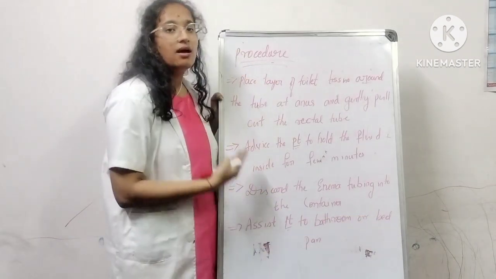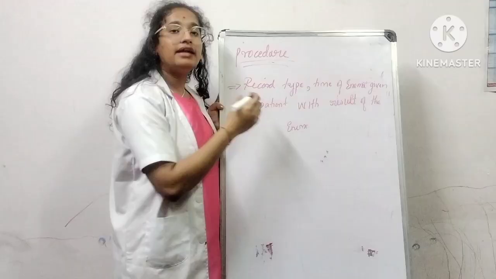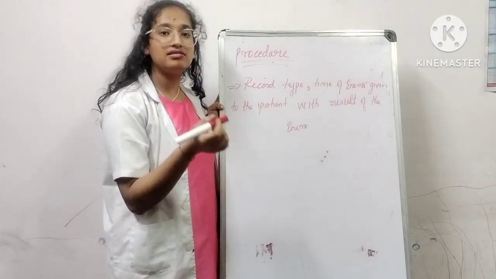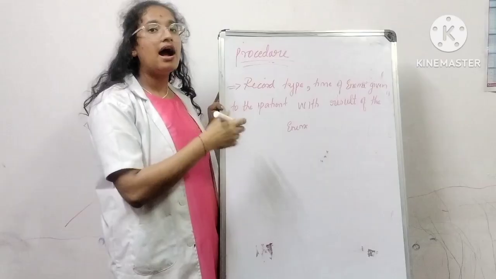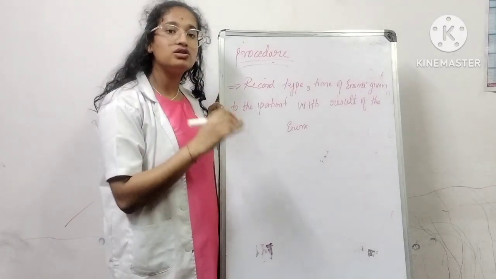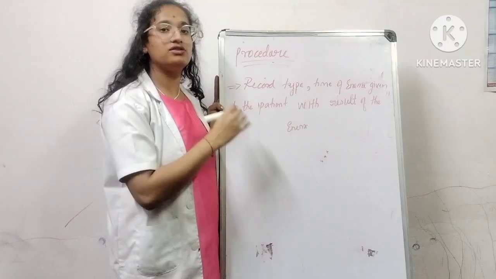Then we have to record the type of enema we administered and what time we gave it. After the procedure we have to monitor the patient's condition, whether he is better or not.